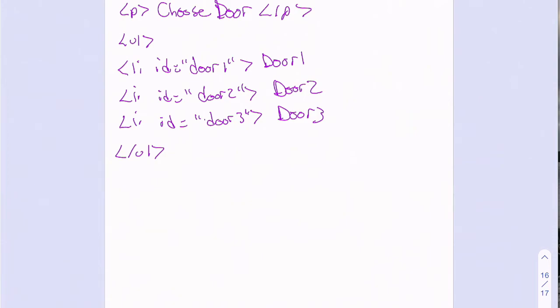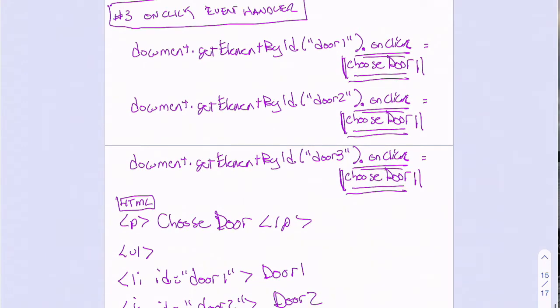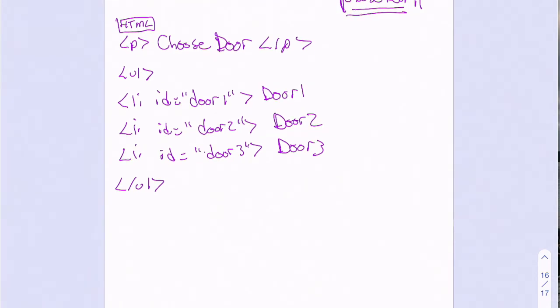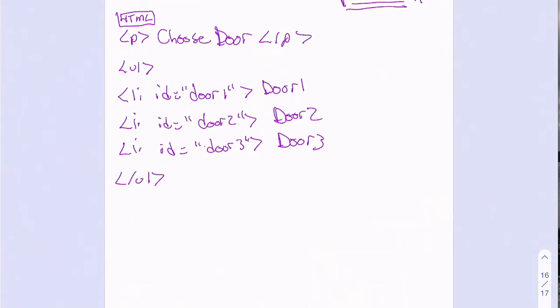Now, the JavaScript is also going to look super clean and neat. So what we're going to do is we're going to take this code right here. So I'll write it up here. So this is the JavaScript that we're going to have.